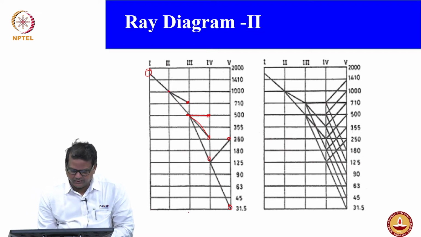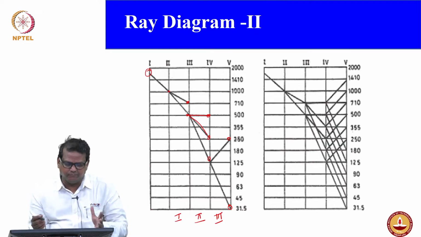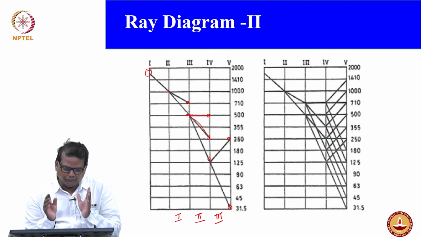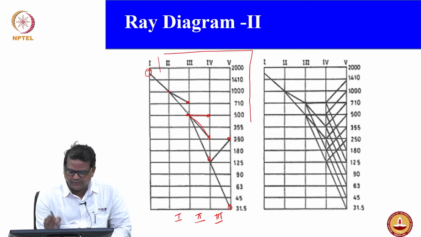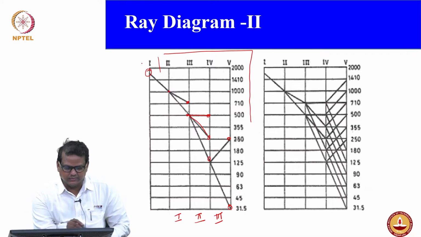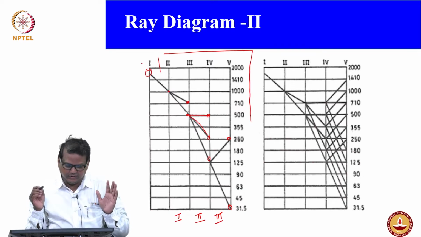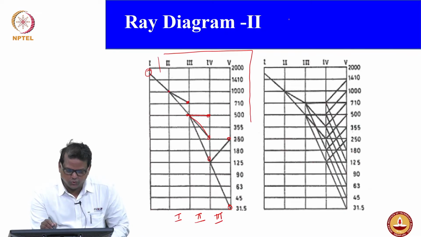So, maybe I will label it here. This is the first stage, second stage and third stage. Usually when you do the ray diagram, we always focus only on the gear arrangement. We are not considering the input aspect, so we can ignore this. From here I can straight away write 2 output speeds, 2 of 1.